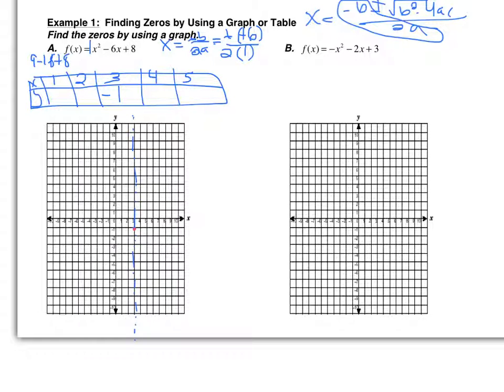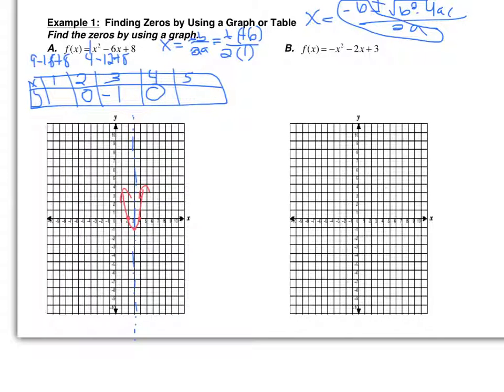And then if we plug in 2, 2 squared is 4, minus 6 times 2 is 12, plus 8. 8 plus 4 is 12, minus 12 is 0. And we know, since it's symmetric, that the 4 is at 0 as well. So we already found our two zeros. So let's graph those. So at 2, 0, and 4, 0, we have our parabola.